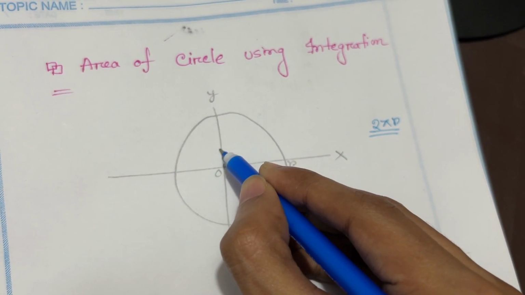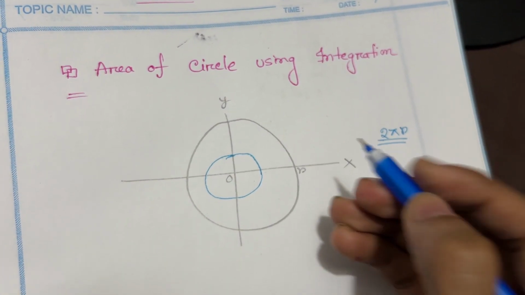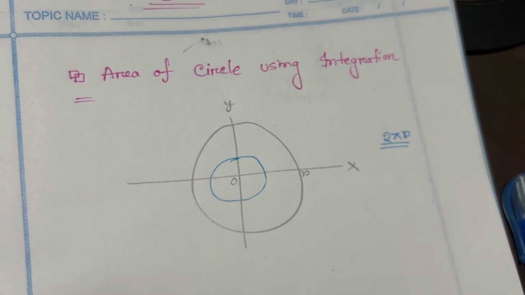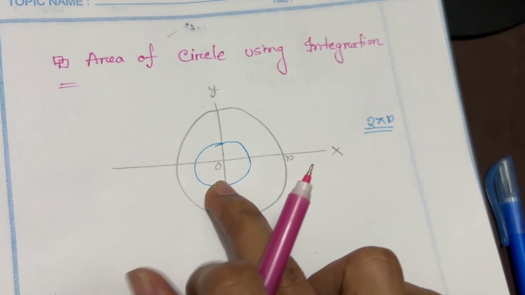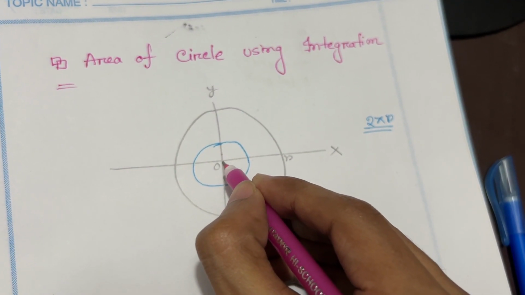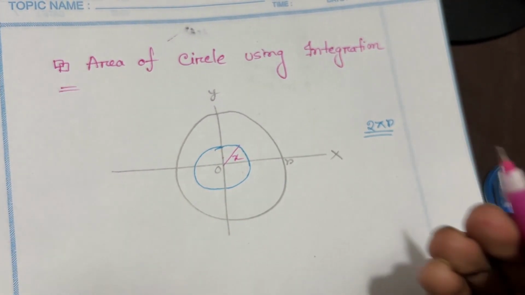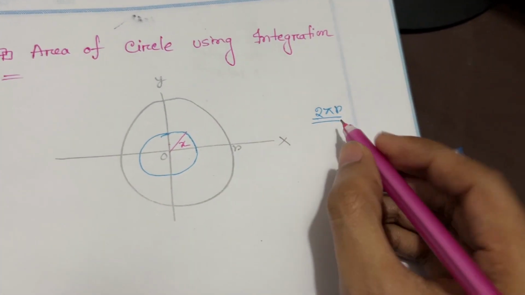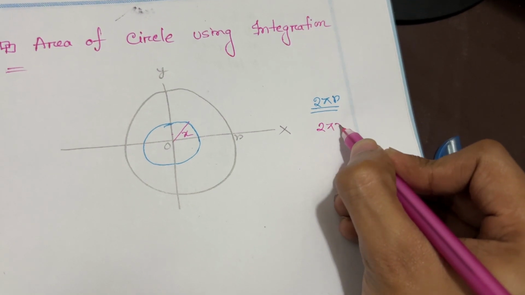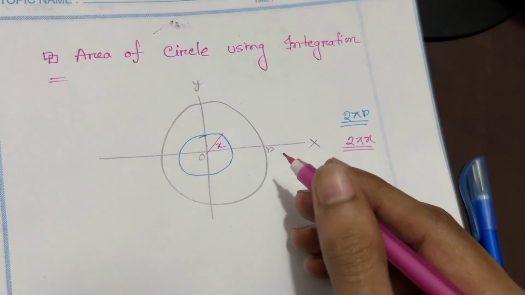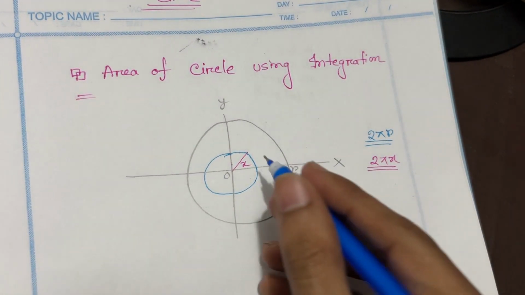Suppose we take a circumference from here to here, and make sure the radius of the small circle is x. Okay, so for the small circle the circumference is twice pi x, and this is not only the first circle.